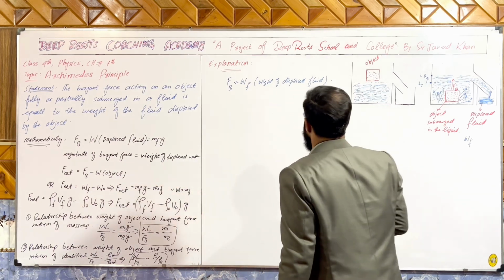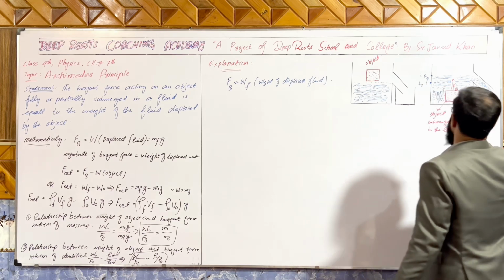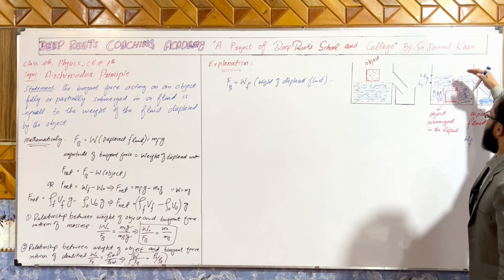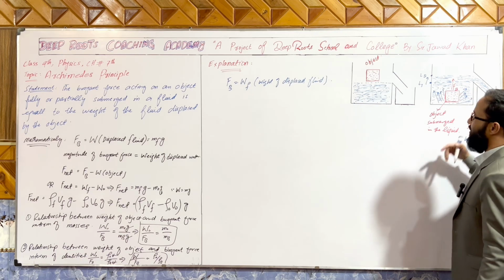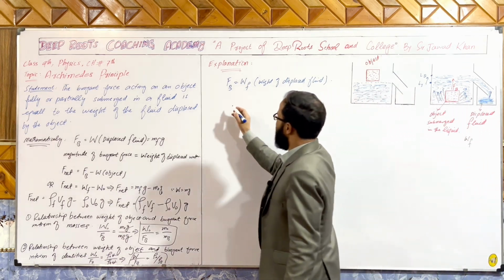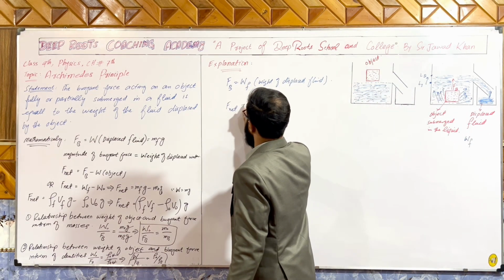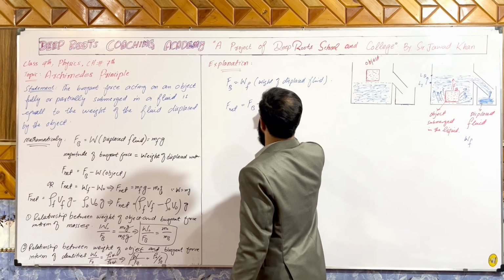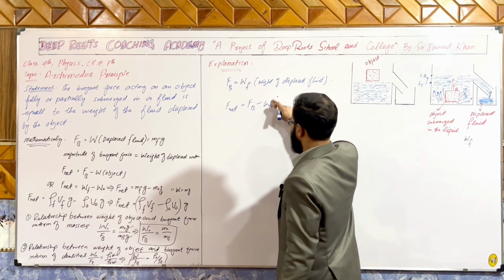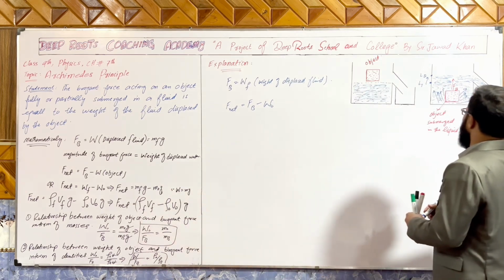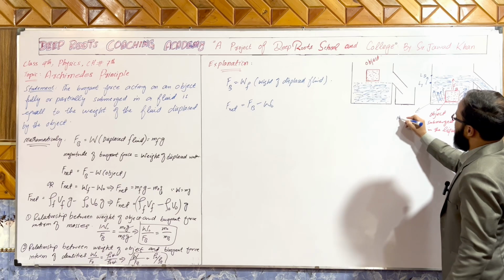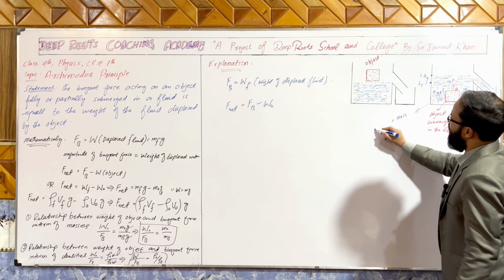Now this buoyant force will give a thrust to the object. So the net force on the object will be: net force is equal to the buoyant force minus the weight of the object. This object will have some mass and some weight.